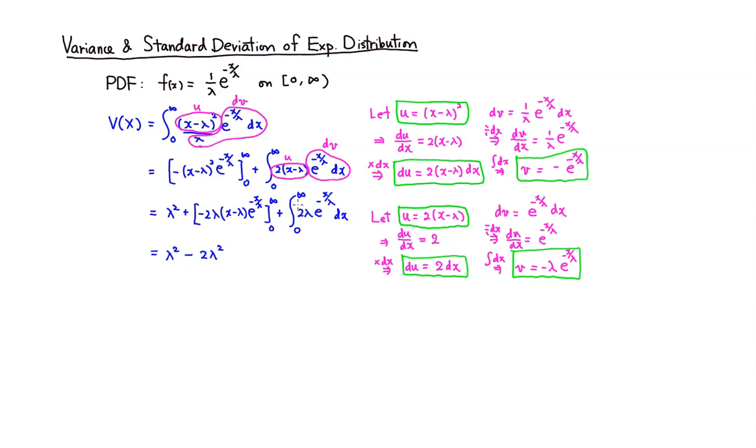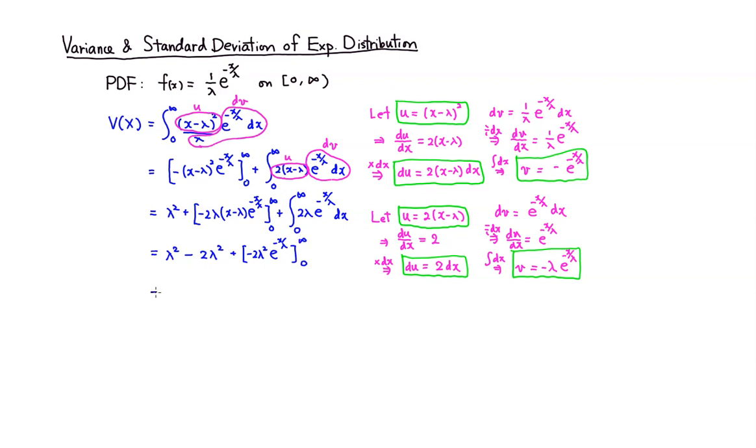Then you have to do this part. The antiderivative of this guy is going to be e to the negative x over lambda, divided by negative 1 over lambda, so it's going to be negative 2 lambda squared, going from 0 to infinity.